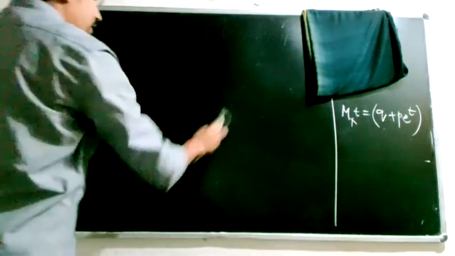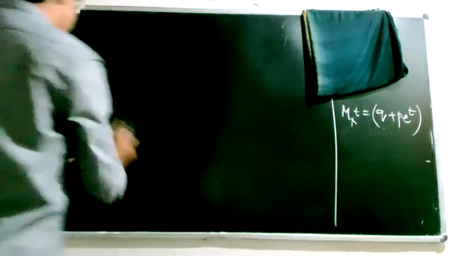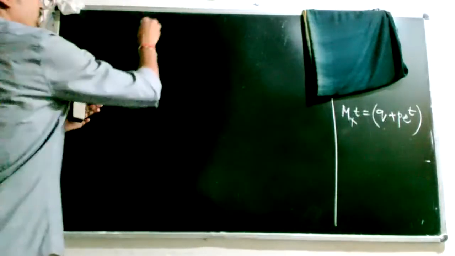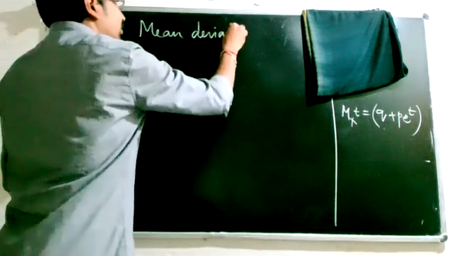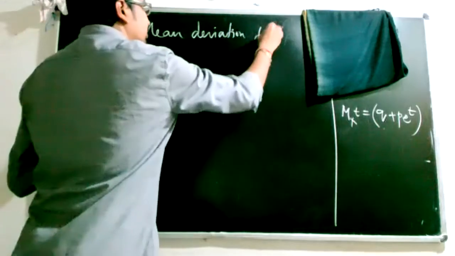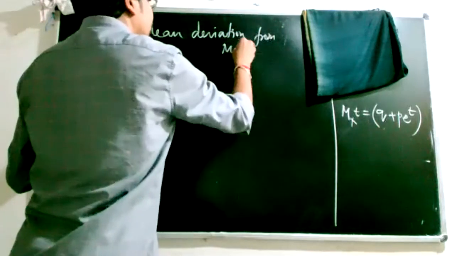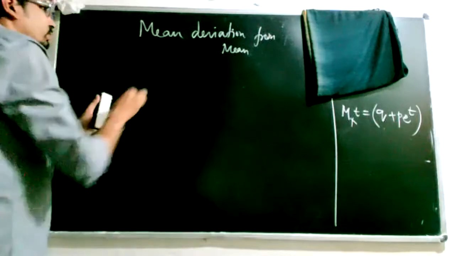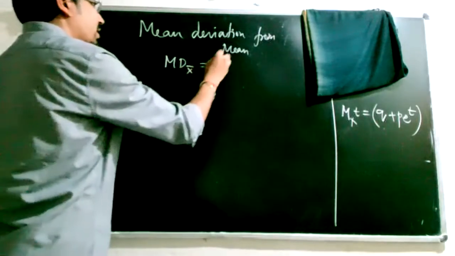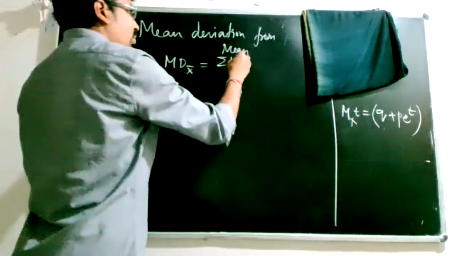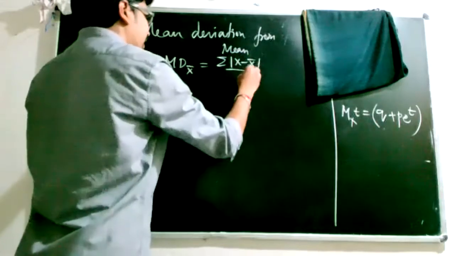Now for a Bernoulli distribution, we could also talk about mean deviation from mean. So generally we say mean deviation from mean, MD about x bar, is equal to summation mod x minus x bar divided by n.